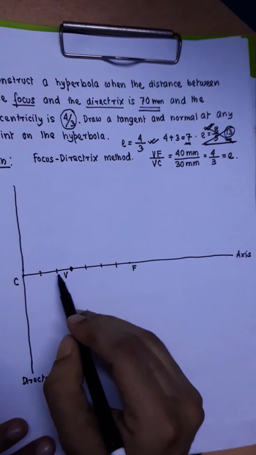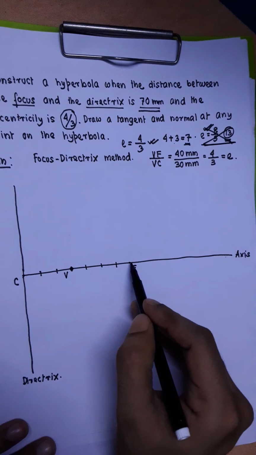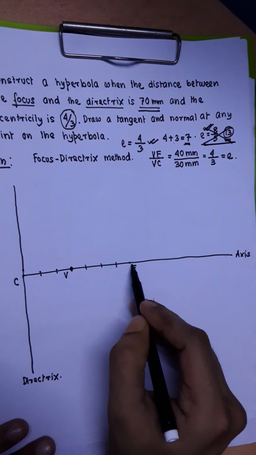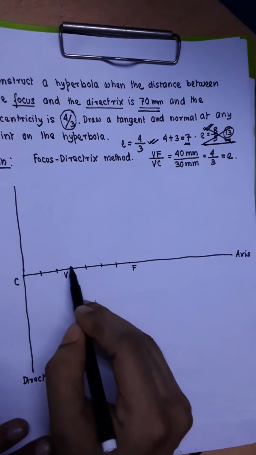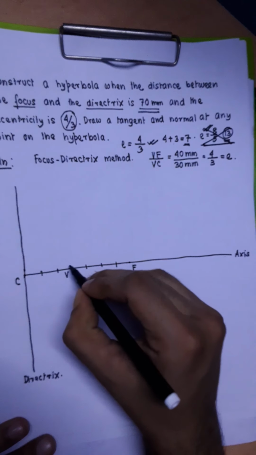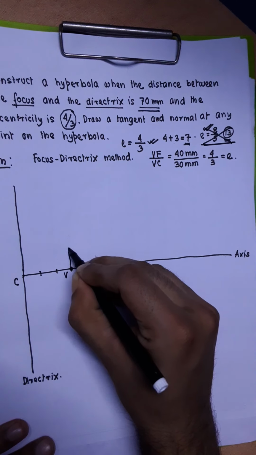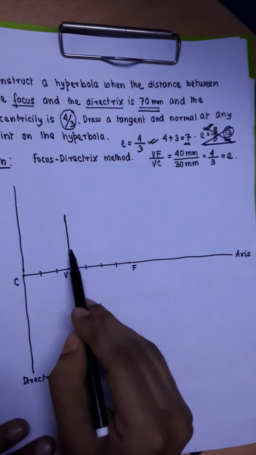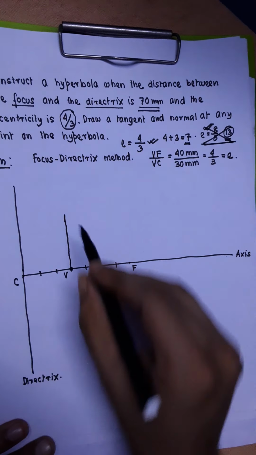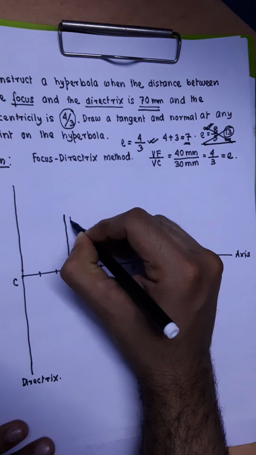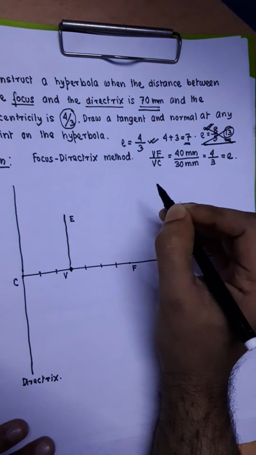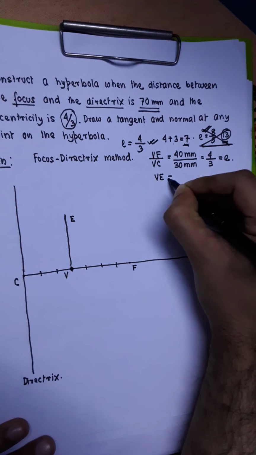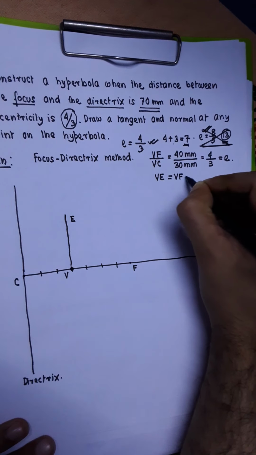So after dividing this length CF into 7 equal parts and taking the position of the vertex on the 4th division from the focus side or on the 3rd division from the directrix side, you construct a line which is perpendicular to the axis and name the other end of the line as E, such that this VE will be equal to VF.